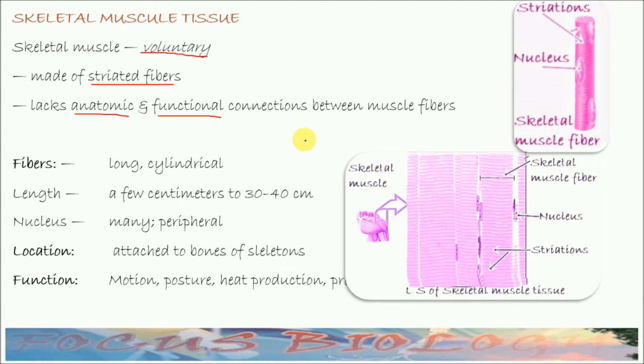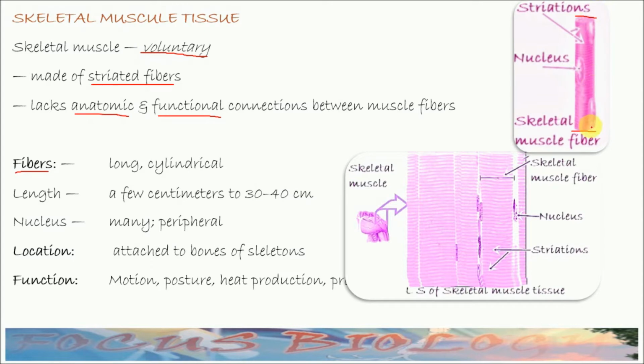Now, skeletal muscle fiber, we will deal with it. Shape: it is cylindrical, that is, the diameter on both ends is almost similar, here and here.